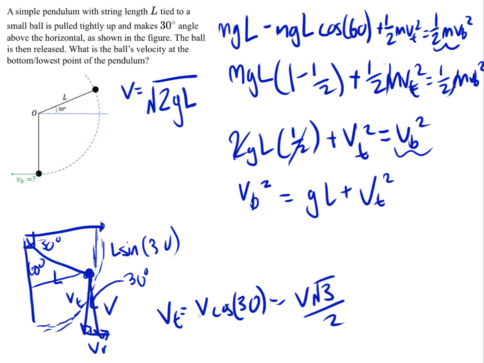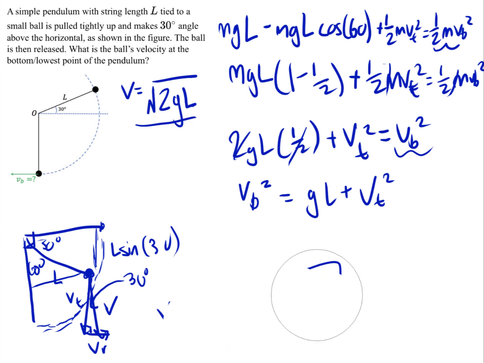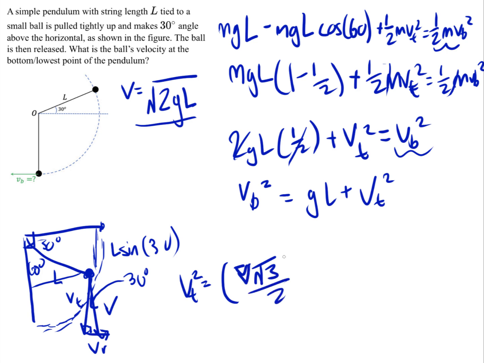So if you recall, we figured out that it is equal to v times the square root of 3 over 2, where v is the square root of 2gL. So I'm going to make more space by squaring it. So we can say tangential velocity squared is simply equal to v times the square root of 3 over 2, that's v squared, which is equal to 3v squared divided by 4.